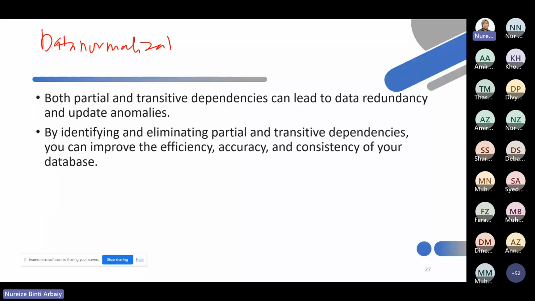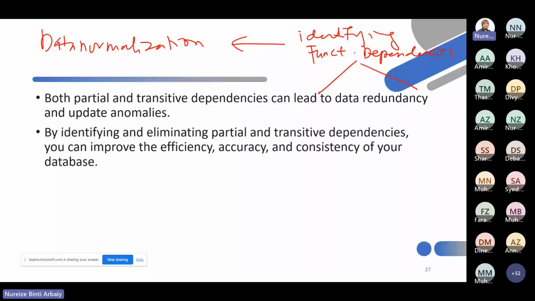okay, has something to do with identifying the functional dependencies. Okay, we have two types of dependency, that is partial and also transitive.